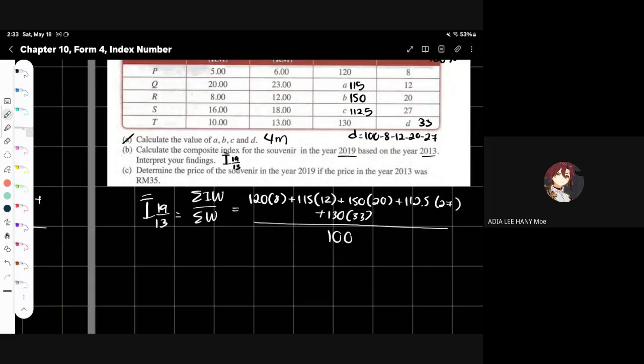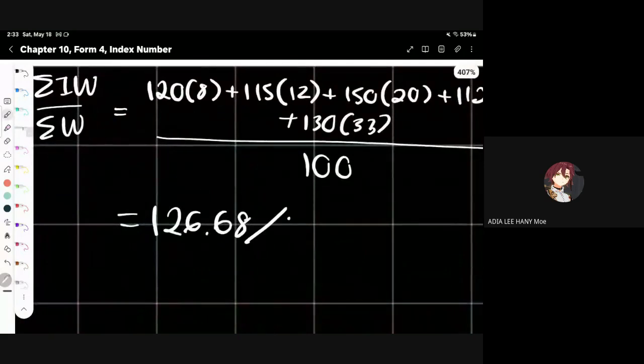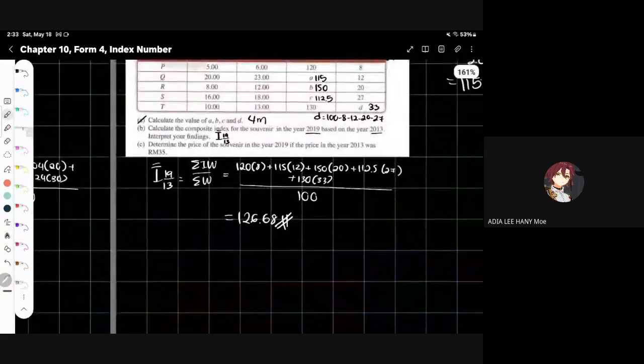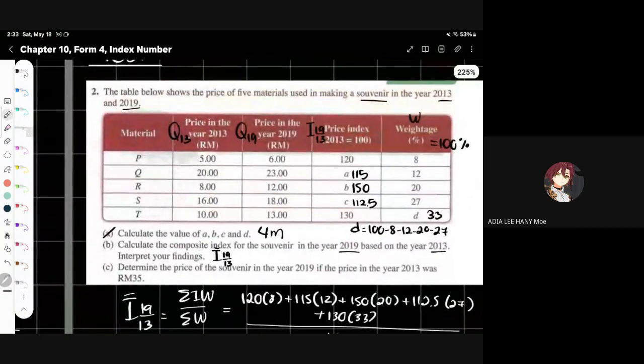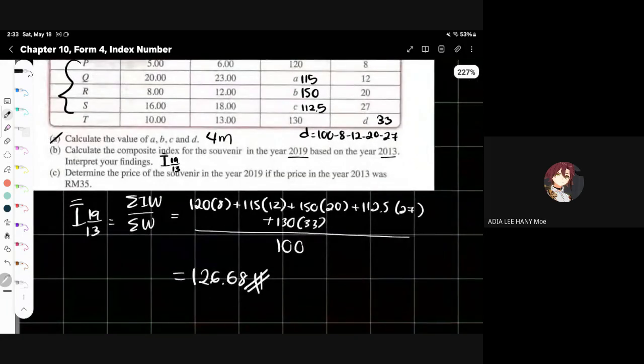It should be 126.675, but we round to the nearest whole number, so it should be 126.68. Sorry, 68. So this is the answer. Basically, it's saying that the total cost of the material increased by 26%. Okay, it increased by 26%.